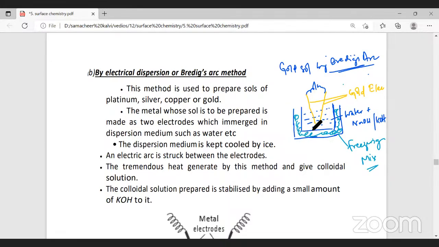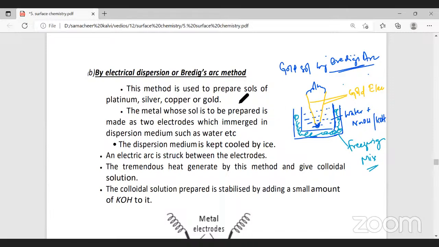If you remember, during rainy season or wind, when two electrical wires carrying current come into contact, there will be an electric short, and a lot of energy is dissipated. Sparks you would observe. Likewise, when these two electrodes are made to come into contact, an electric arc is obtained.